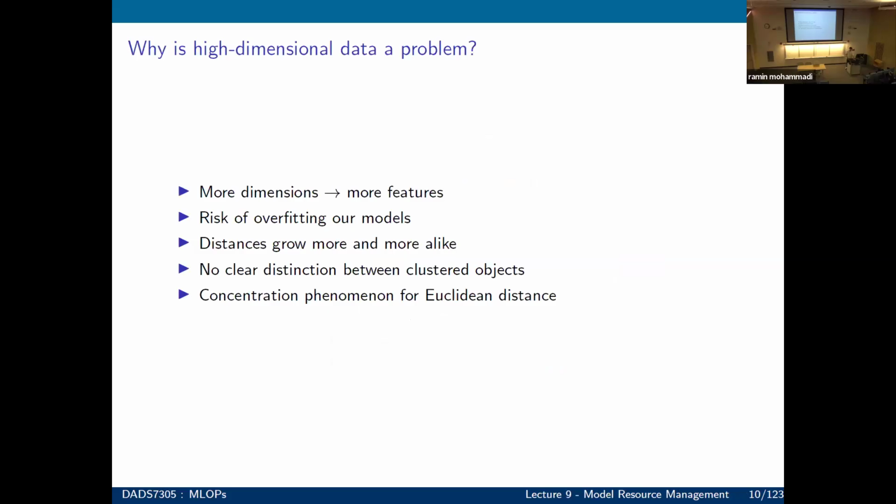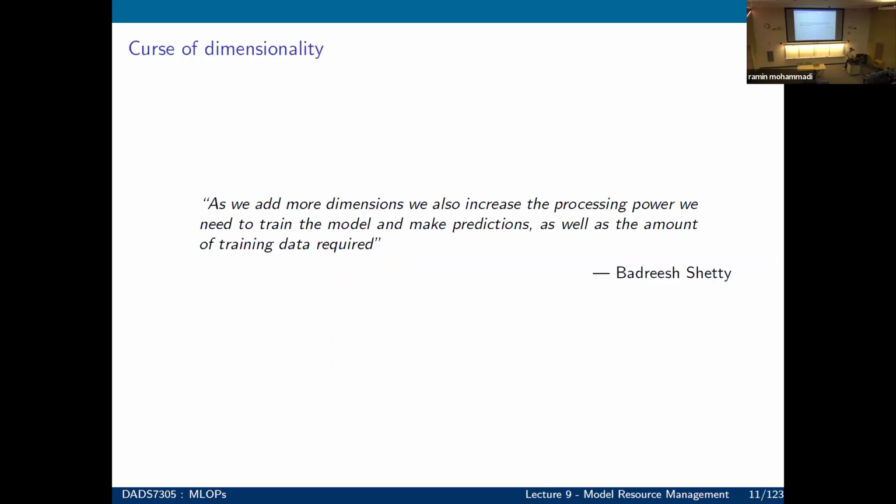Now, the high dimensional problem is that more dimensions technically means better results, especially on training, but it also means that you're probably going to overfit. On top of that, the distance grows more and more when you add dimensions, and that's called the concentration phenomenon for Euclidean distance. What does the concentration phenomenon say?